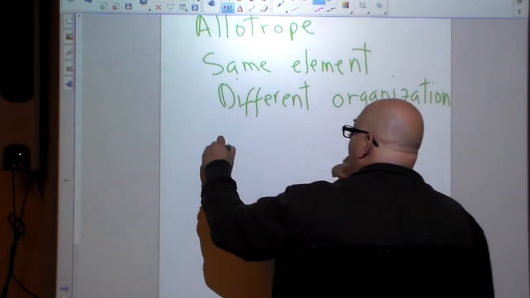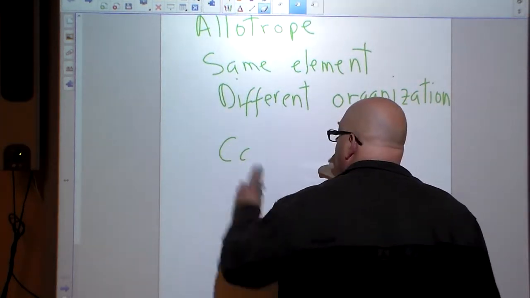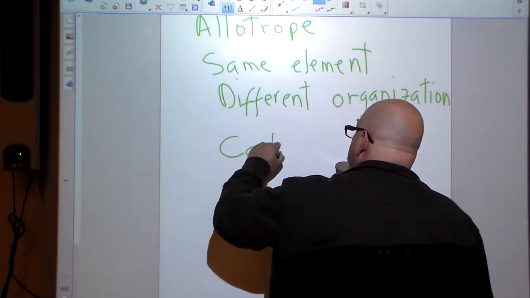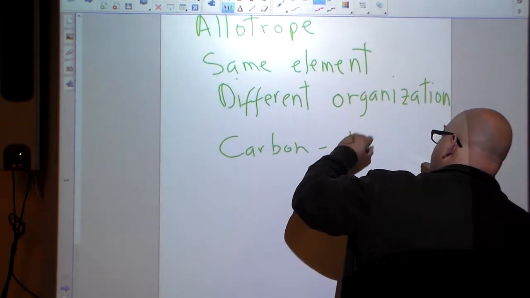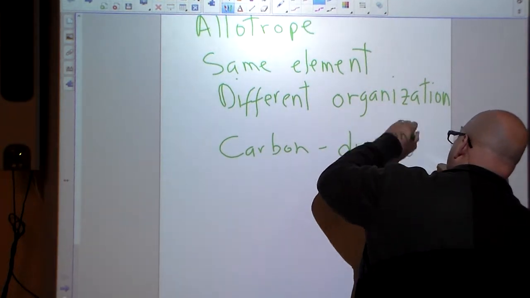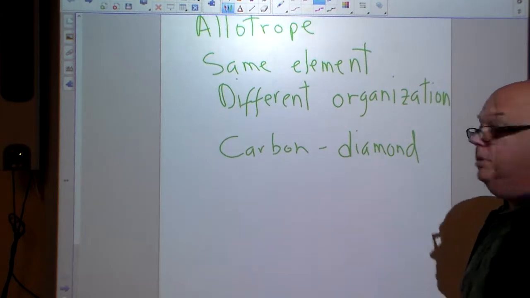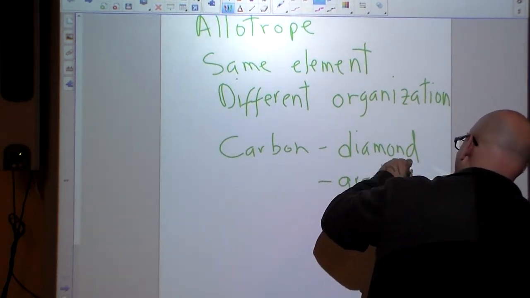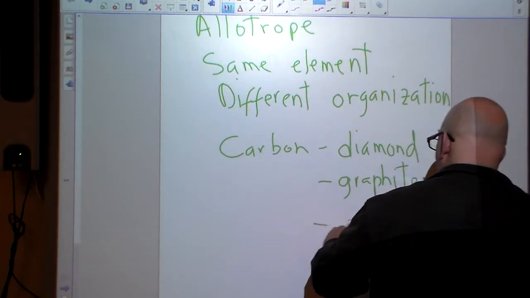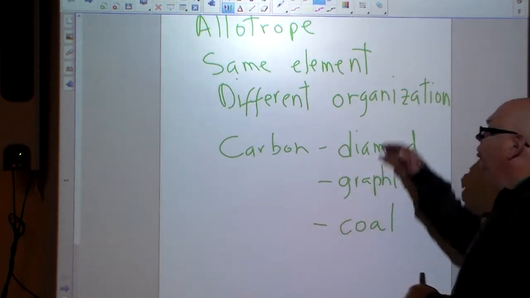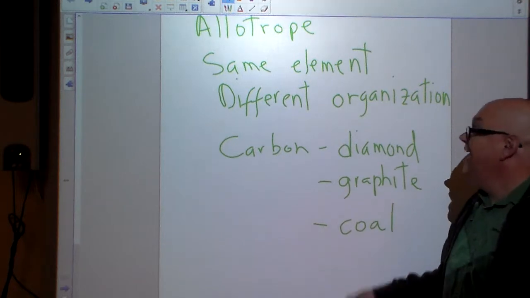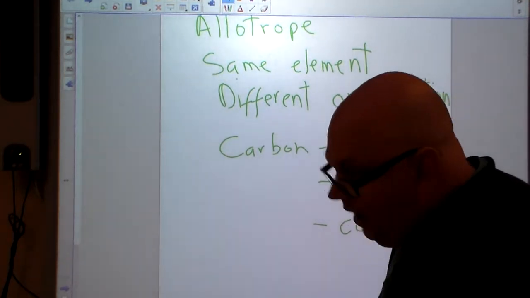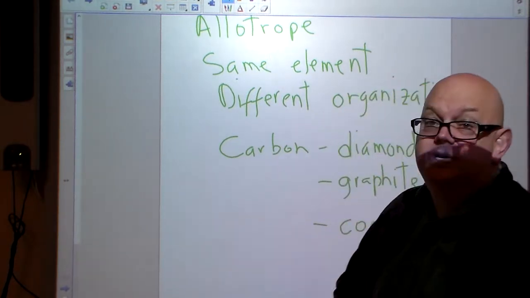So we can talk about carbon in diamond. We can also talk about carbon in graphite. We can also talk about carbon in coal. All those are allotropes, but they have a different organization to them. It's how they are put together, which is why I keep saying chemistry is God's Lego set.